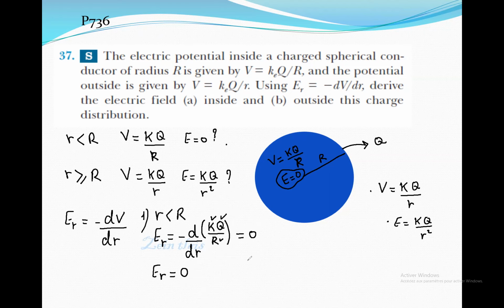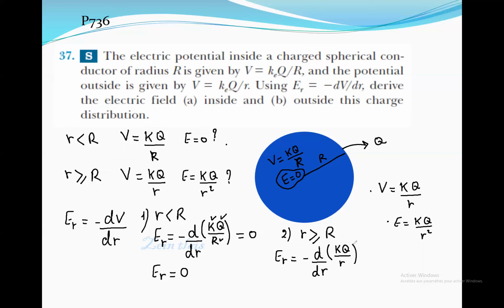Let's take outside the conducting object. If r is greater than or equal to R, E_r equals minus d/dr of KQ divided by r.